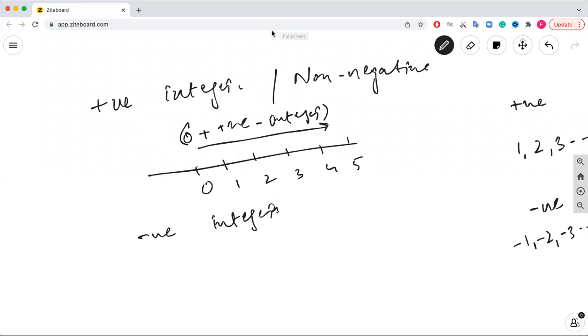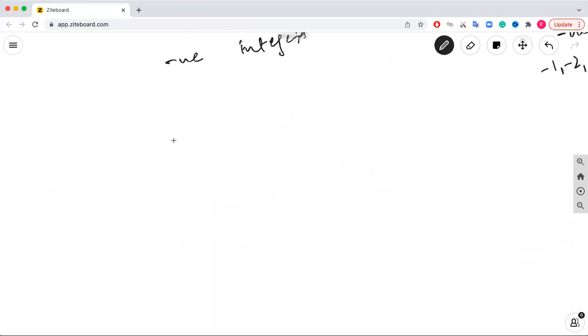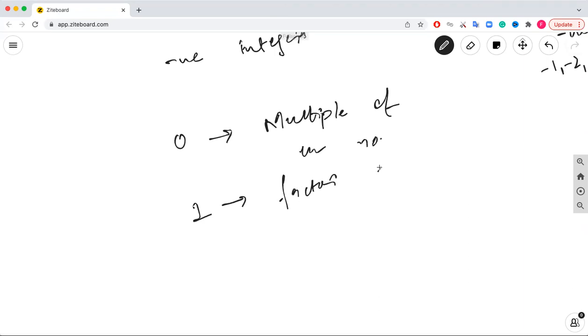Remember one more thing. 0 is a multiple of every number, and 1 is a factor of every number.